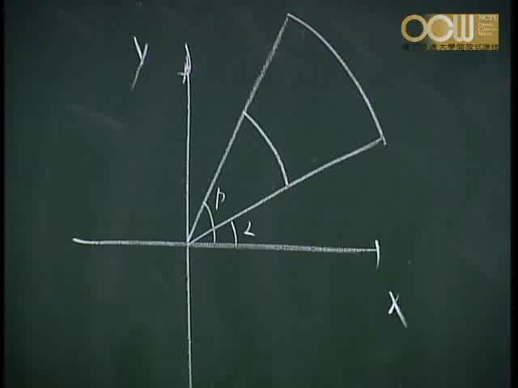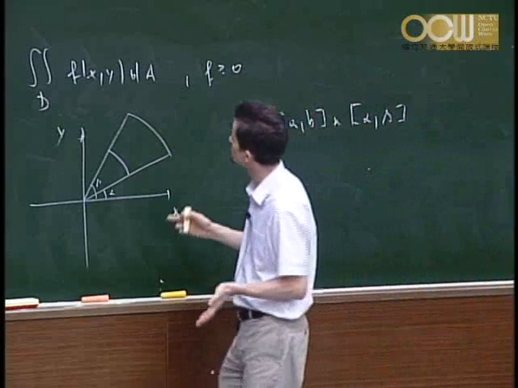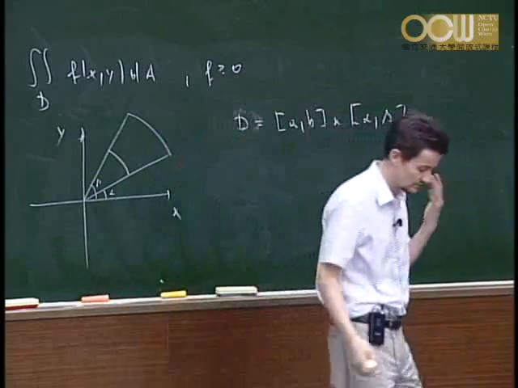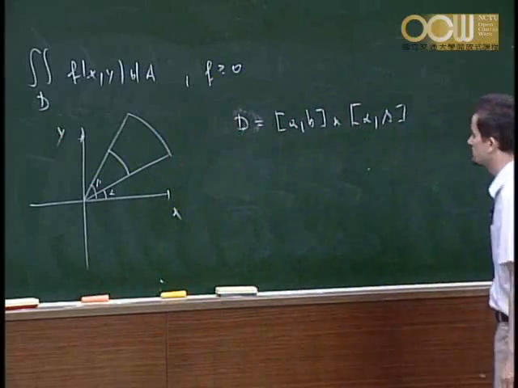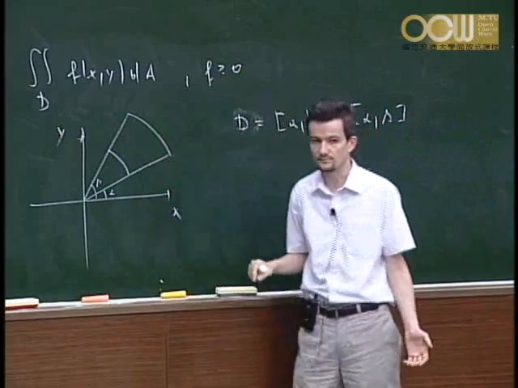Now, the idea in order to compute the integral is the same as always. We divide this polar rectangle into smaller polar rectangles.